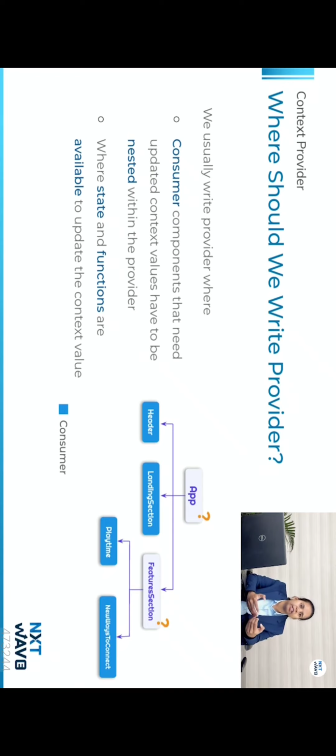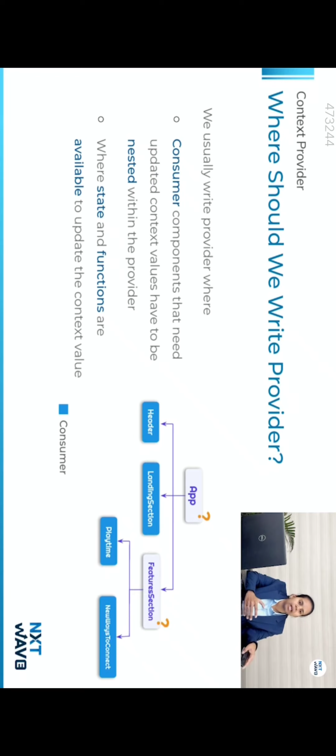So where the state and the functions that are necessary to update the context value are available, there we have to place the provider. So the consumer components that have to be updated should be nested within the provider, and at the same time, the state and functions necessary to update the context value should be available at that place. That's where we have to place the provider.